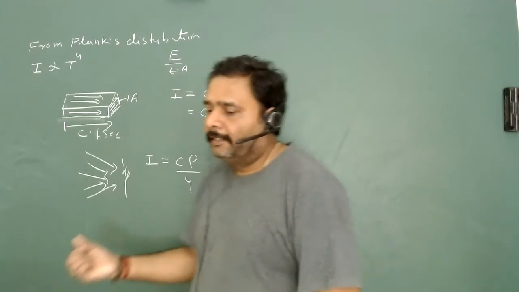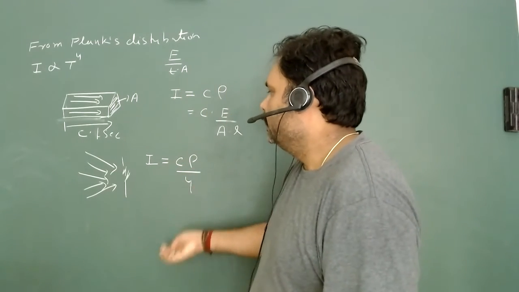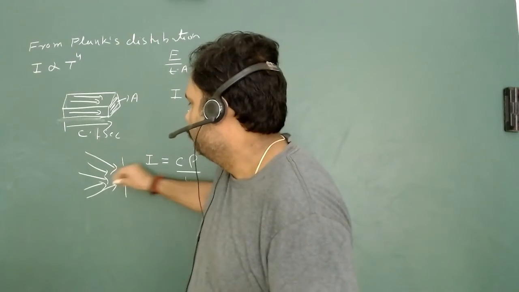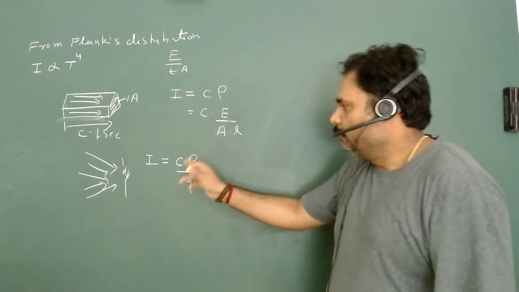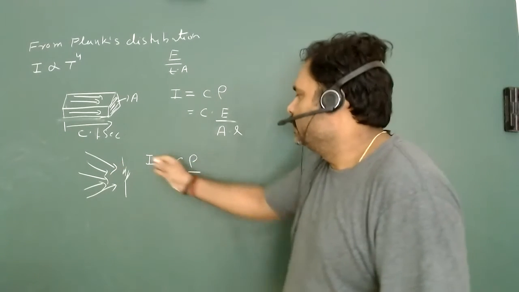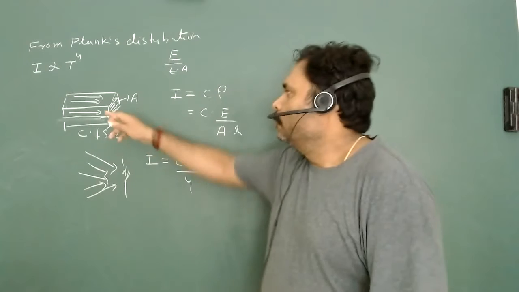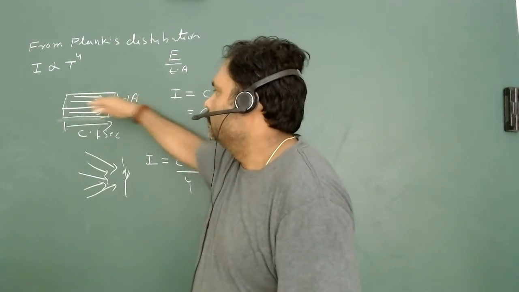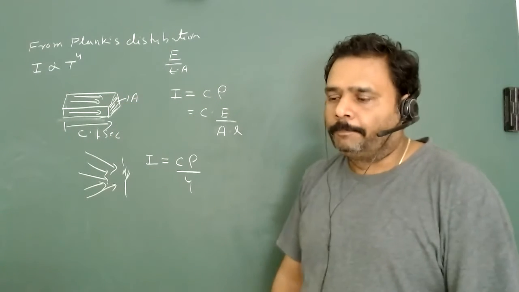They come at some angle with the normal, so the effective intensity is C rho by 4 compared to when it comes along the normal of the area.